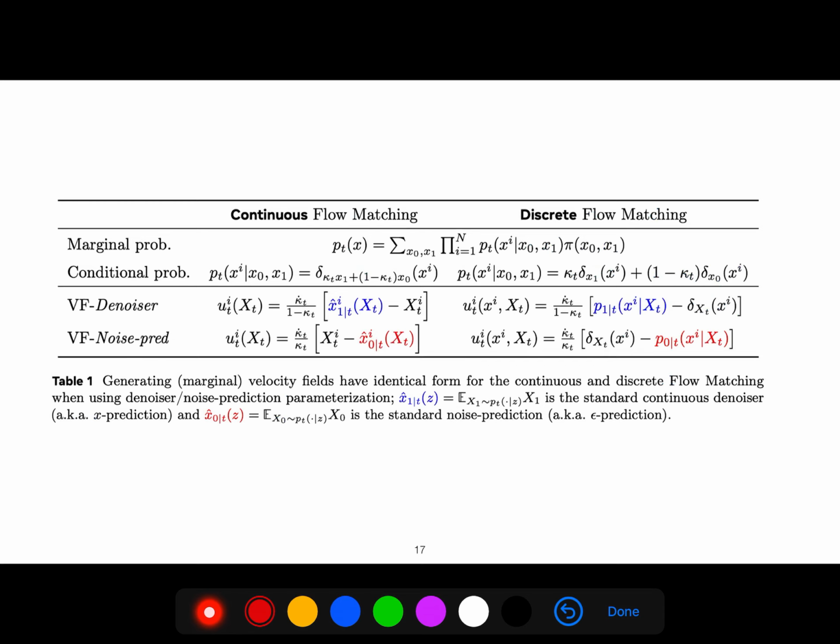So this table shows everything. For discrete flow matching, you have this probability of x i conditioned on source and target sample that looks discrete, because each x i is a discrete variable.